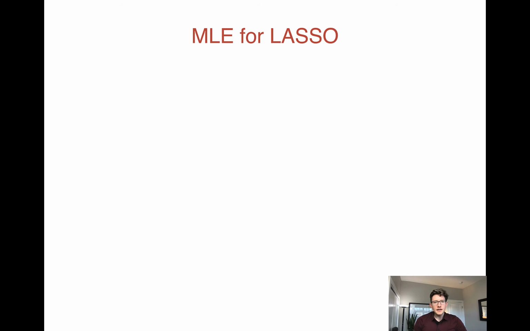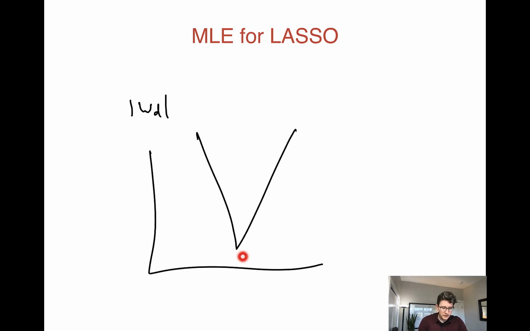Two is that it's a little bit tricky even to use a gradient-based solver for this, because notice that we have a term that looks like absolute value of WD, which looks like this.